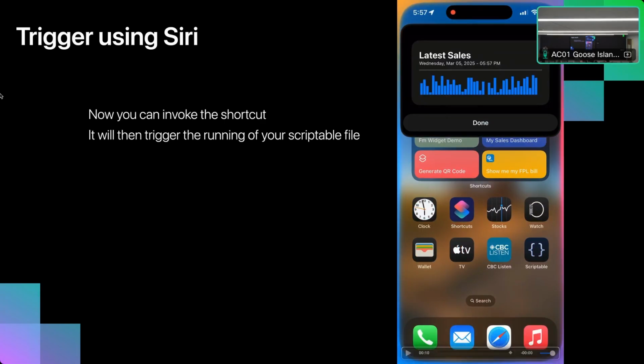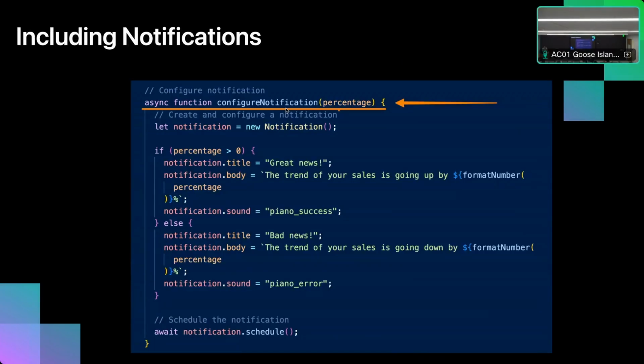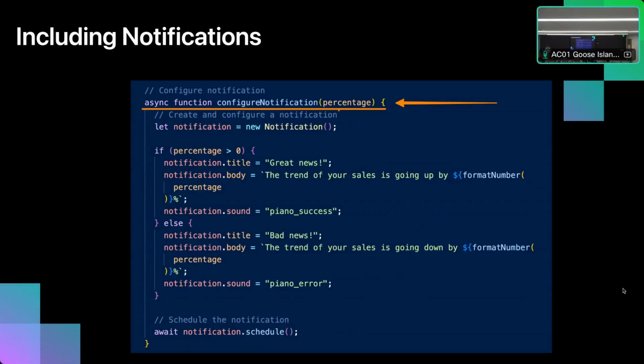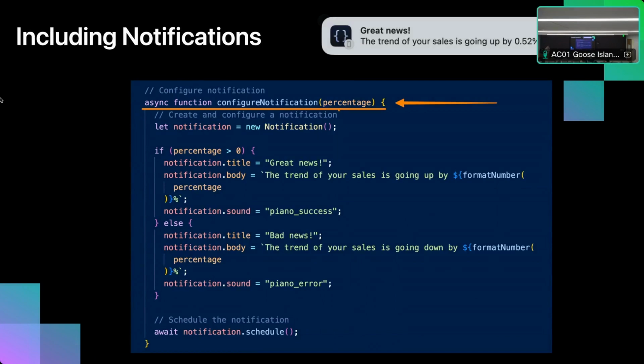Okay, so let's see. It will run the script in the Scriptable file. Oh yeah, there's also some code inside the JavaScript file that enables notifications. And so if that's enabled, you will see notifications like this show up on your Mac or your phone or your iPad, wherever the widgets are.